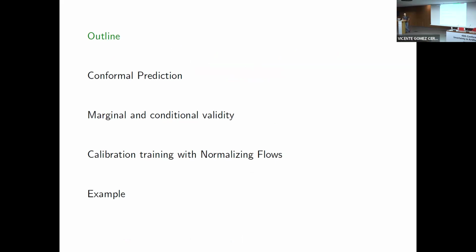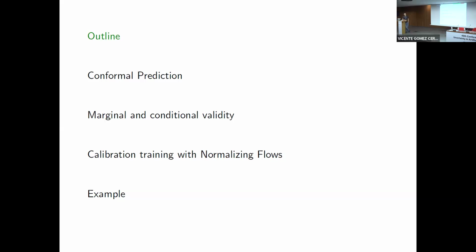This was the plan, but actually we had yesterday a nice introduction. So the first two chapters were a bit of an overview of conformal prediction, and marginal and conditional validity. I will go a bit faster, but please stop me if something is unclear.